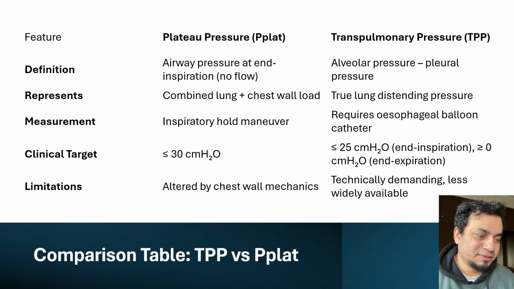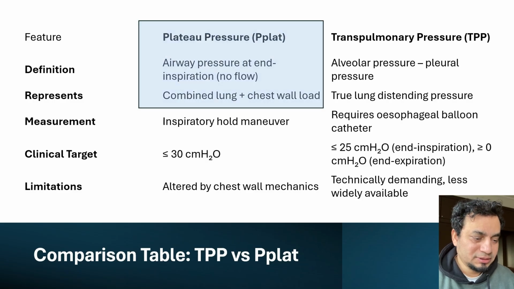So as illustrated by the comparison table here, P-plat is airway pressure at the end of inspiration, and it is a combination of lung plus chest wall elastic load, and transpulmonary pressure is basically alveolar pressure minus pleural pressure, and it is a true lung distending pressure.